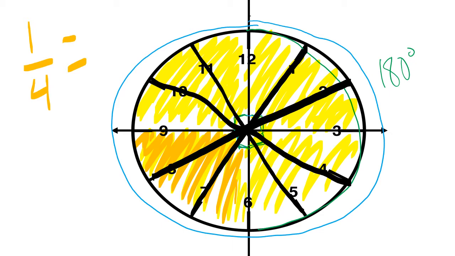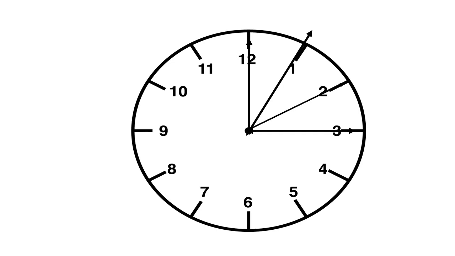How many pieces do I have now? 1, 2, 3, 4, 5, 6, 7, 8, 9, 10, 11, 12. So an equivalent fraction would be 3/12. Awesome. I am showing you this because in your upcoming math, you're going to see some problems like that. And I want to make sure you know how to do them.